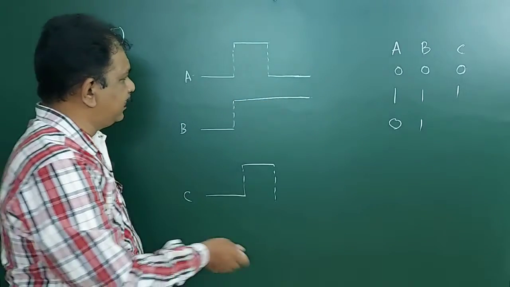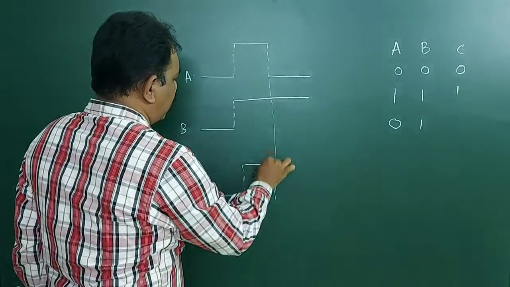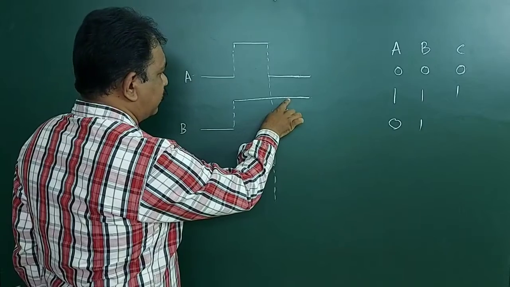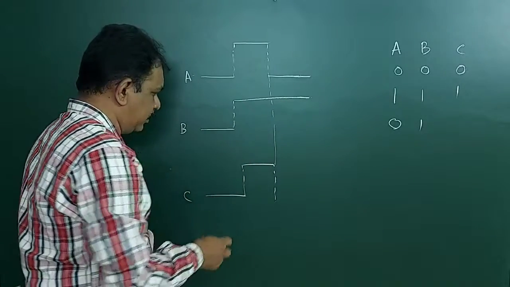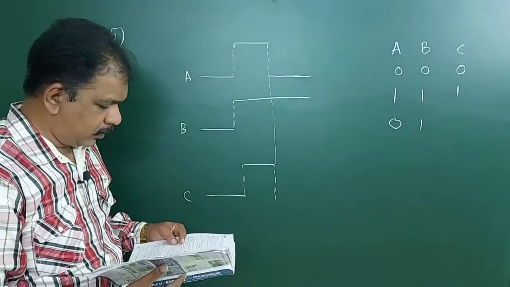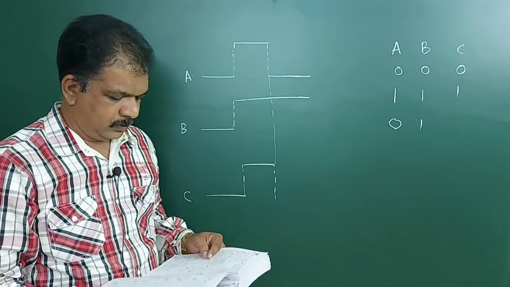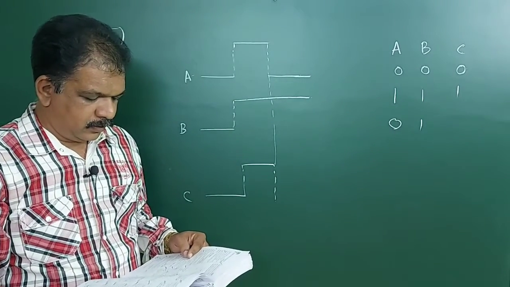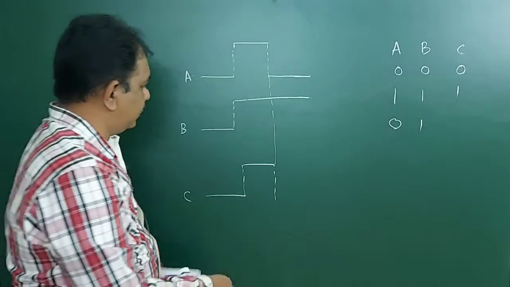Here again, what happened? This value is 1. This value is also 1. C value they gave as 0.